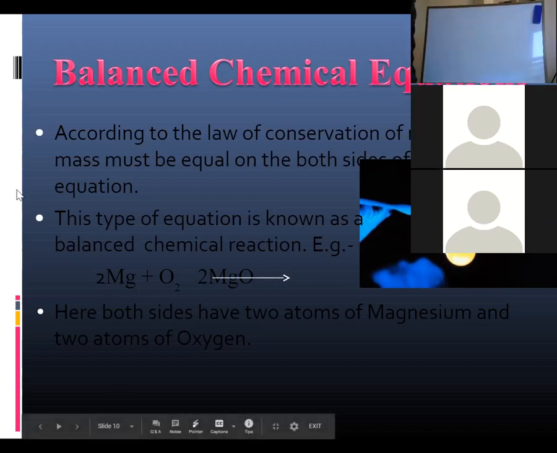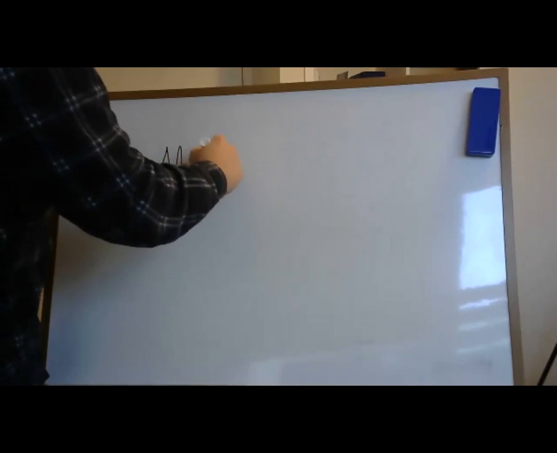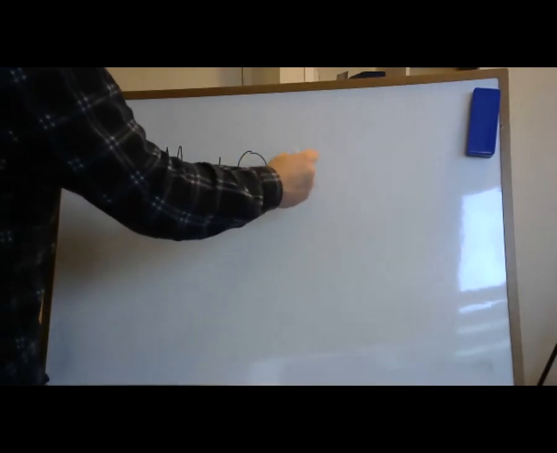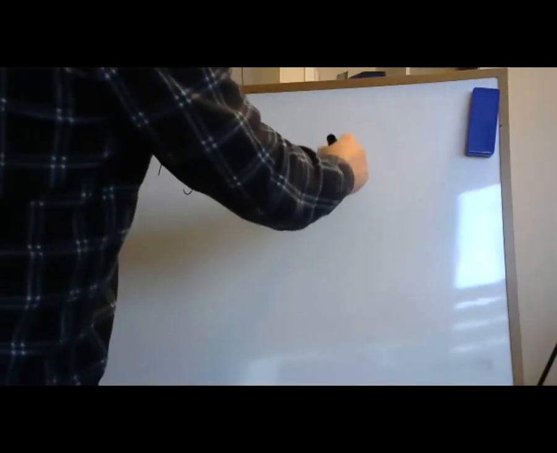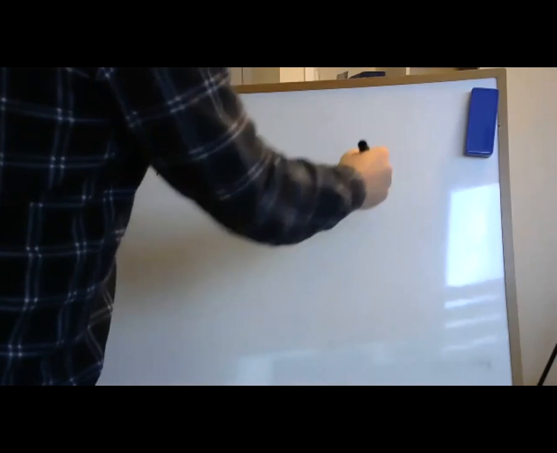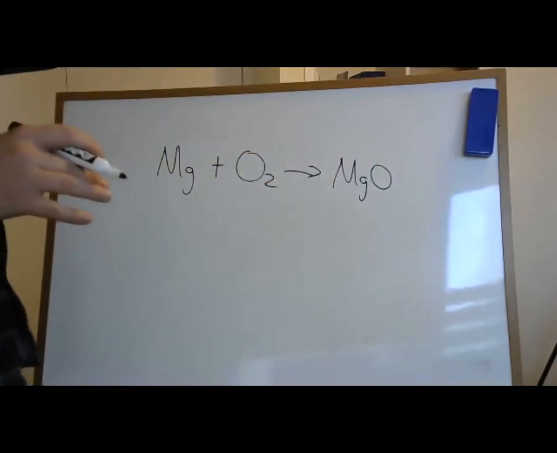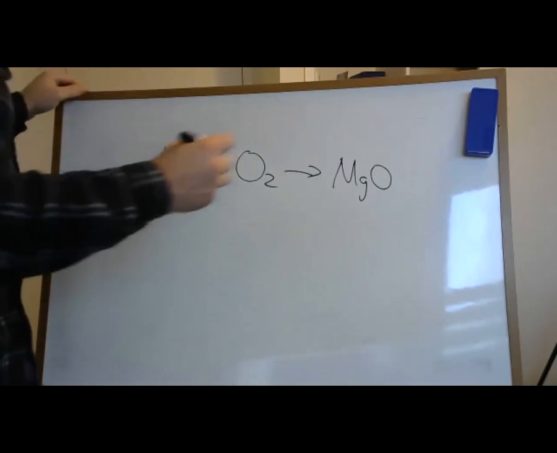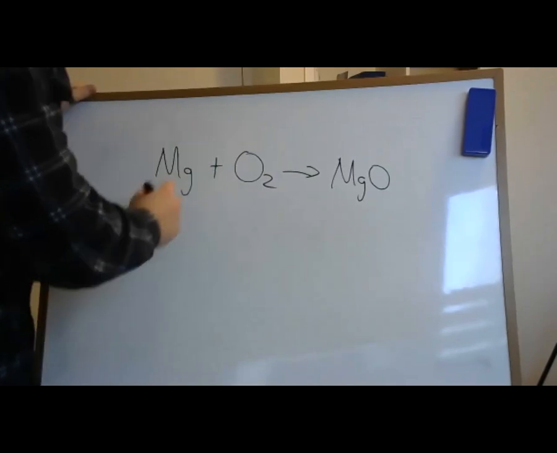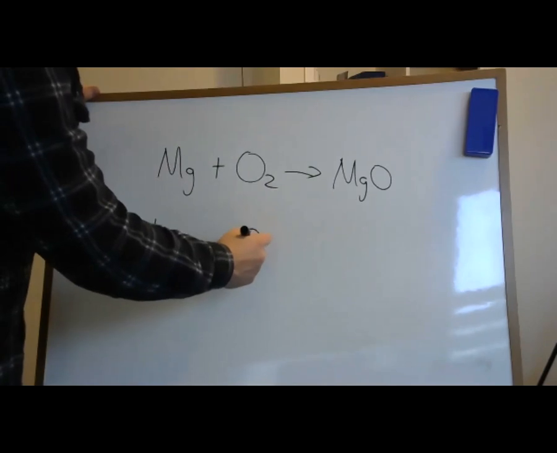So the way we do this, and this is the simplest starting point. So we have 1 magnesium, we have 2 oxygen.